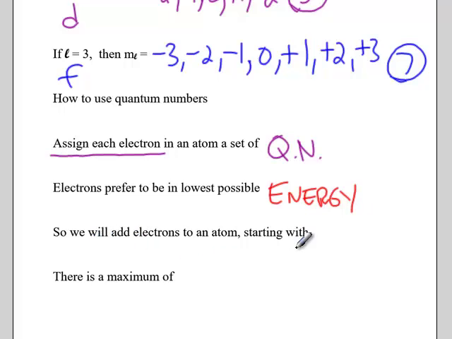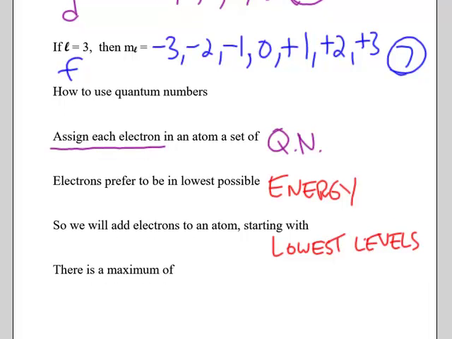So we're going to start with the very lowest levels, and each level will be filled before we jump up to a higher level. And another vital thing to keep in mind is there's a maximum of 2 electrons in any orbital.